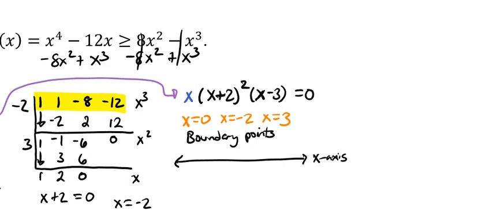So we're going to have the boundary points of 0, -2, and 3. So we need some points between them to check. So let's check the numbers -1, 1, 4, and -3. Those are nice, easy, close numbers.